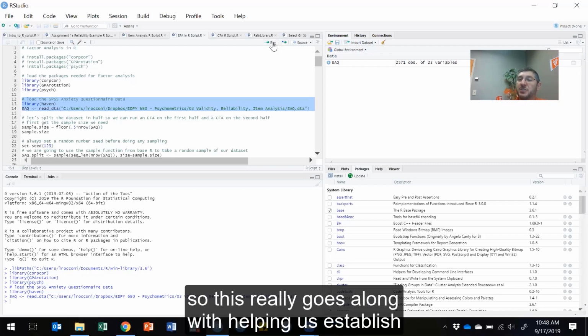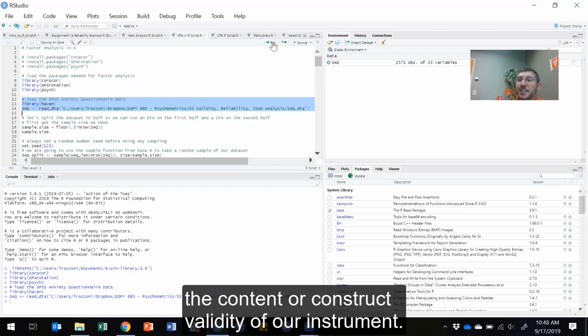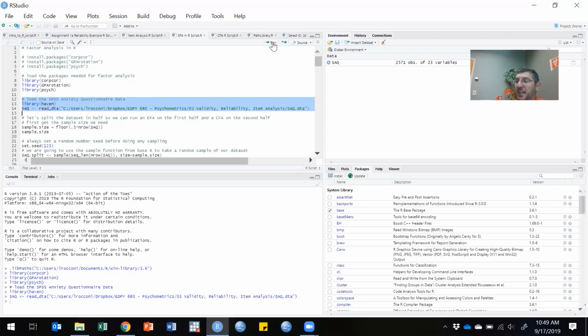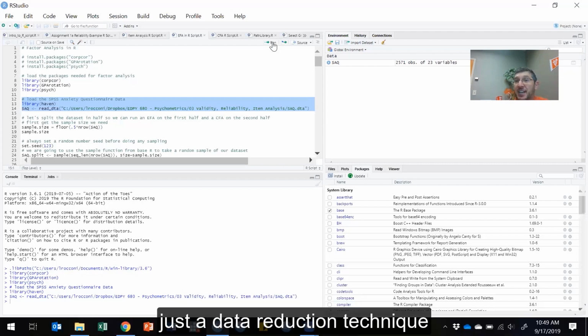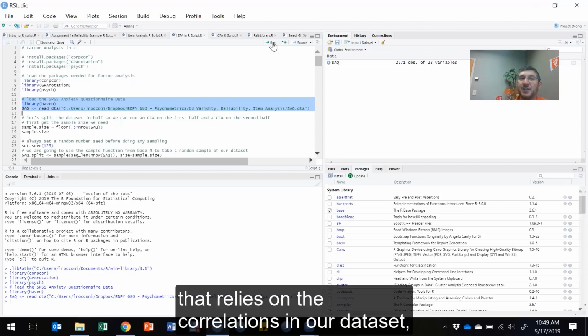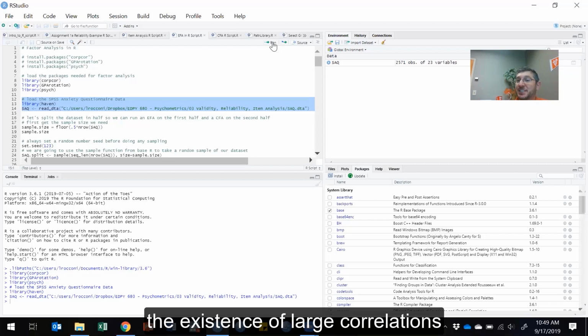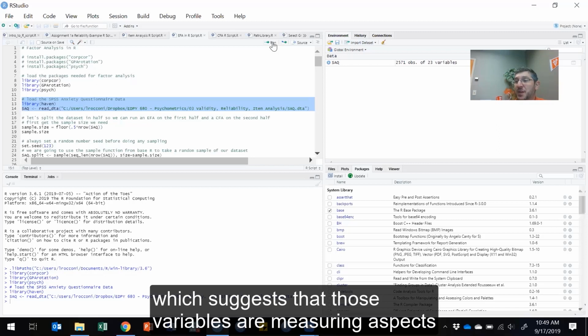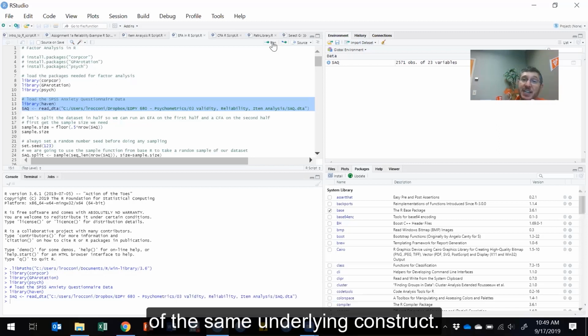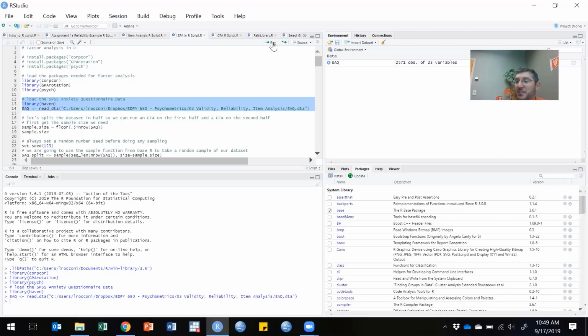So this really goes along with helping us establish the content or construct validity of our instrument. And factor analysis is really just a data reduction technique that relies on the correlations in our data set. The existence of large correlations between a subset of variables would suggest that those variables are measuring aspects of the same underlying construct.